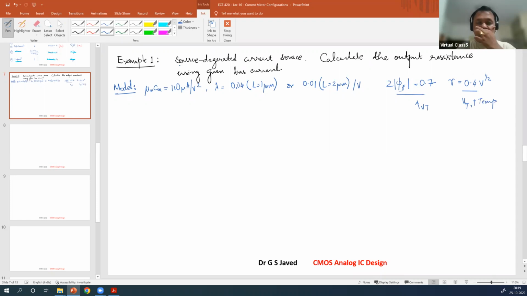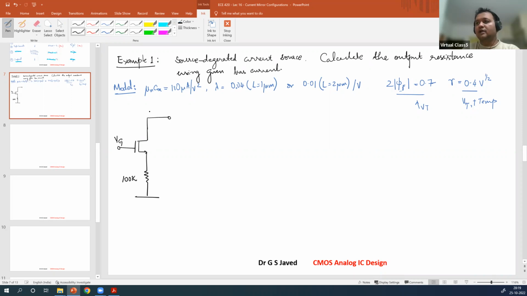Okay. Now, what is the circuit that we have? The circuit looks like this. This is a 100 kilo ohm resistor. This is your V gate.